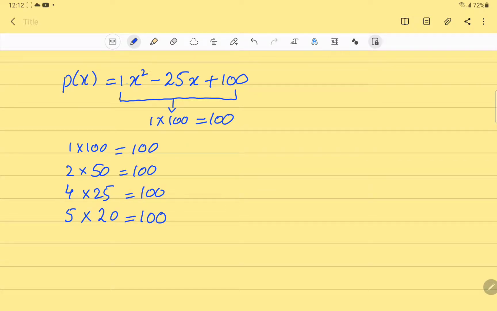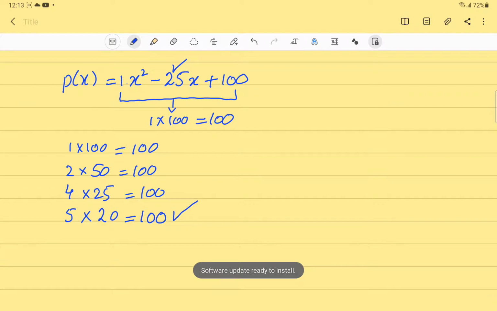So these are the four possible pairs of factors. Now we have to choose one out of these, whose sum or difference should give us this 25, minus 25 actually. So obviously 5 and 20 is the pair of factors which is fulfilling this condition.